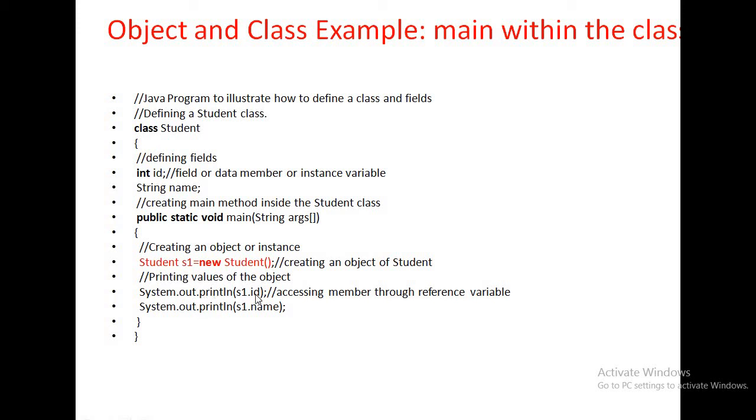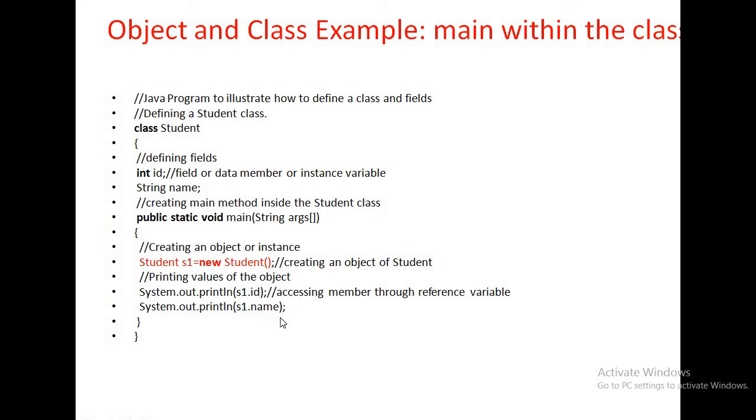Whenever you print this id and name, remember this value is 0 and this value is null. I have not initialized these instance variables. id is not initialized, name is also not initialized, but here the id value is 0 and the name value is null. Why? Because there is no garbage value concept in Java. In C and C++, if you print id and name without initializing, some garbage value is printed. But here no garbage value is printed.